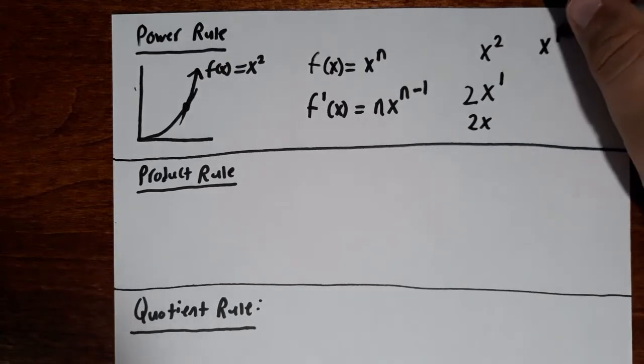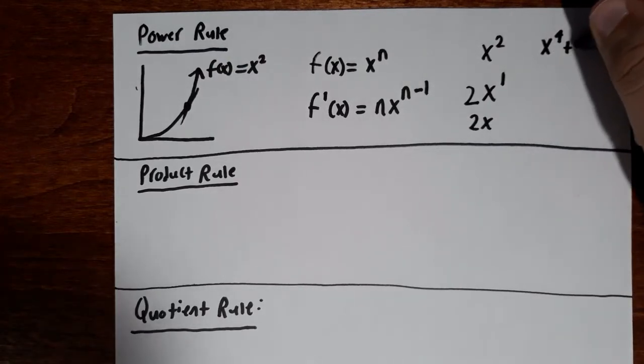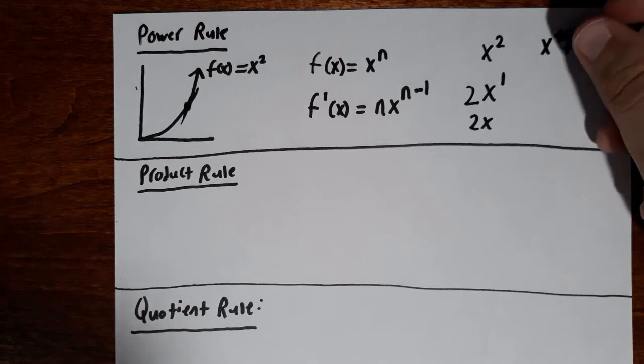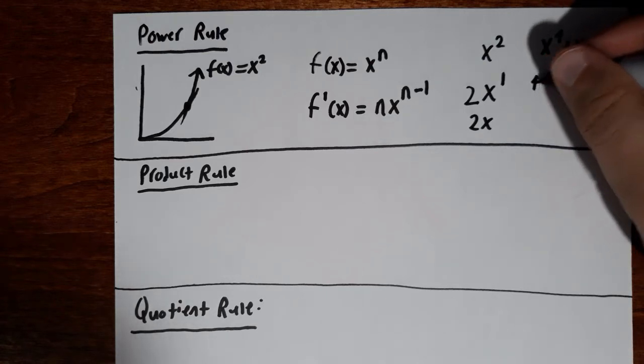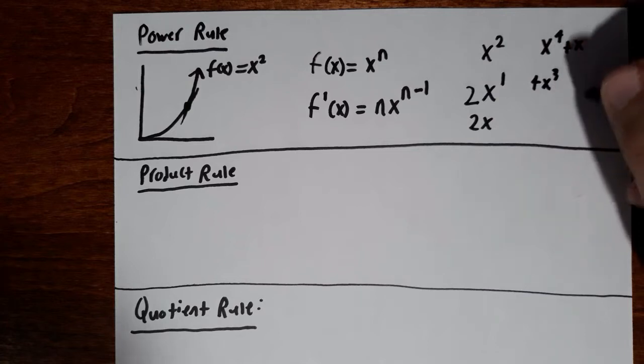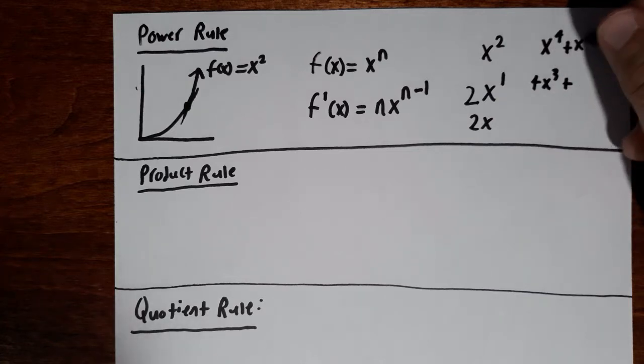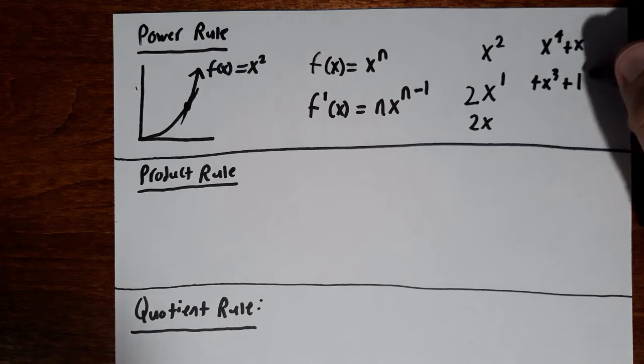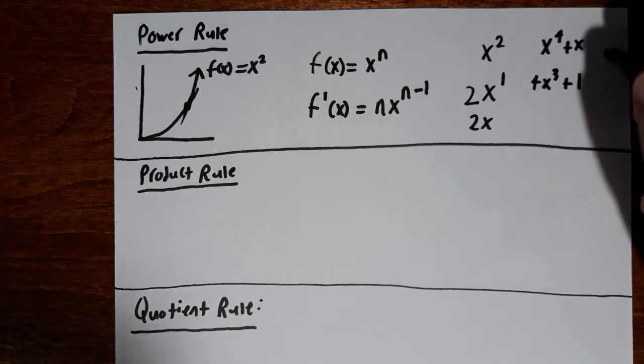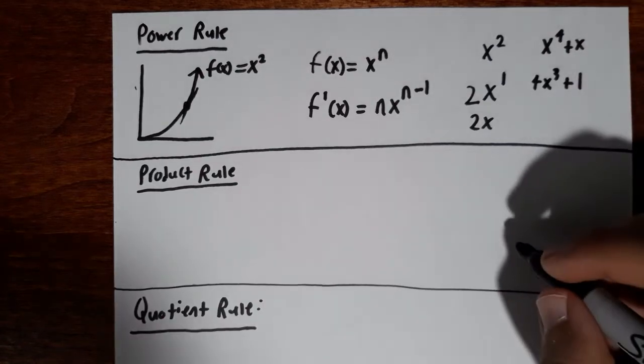Or, for example, what if you have something like x to the 4th plus x? Well, you bring down your constant multiplier, 4x to the 3rd, because we subtract 1, plus, you do the same thing right here. Bring down the 1, and then x would be to the 0 now, which means it's 1, so we can just drop that off and we just have the plus 1.